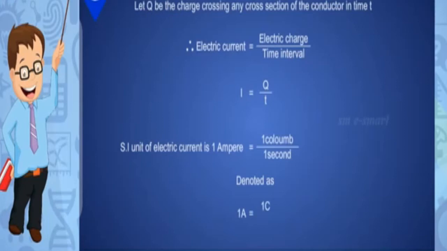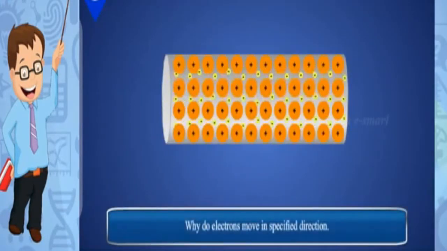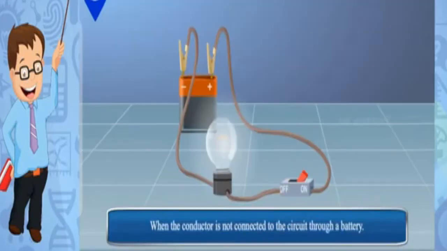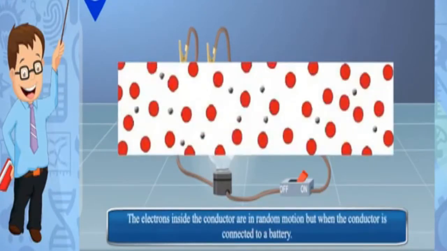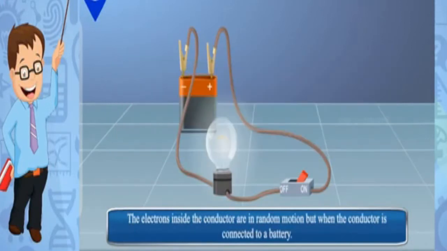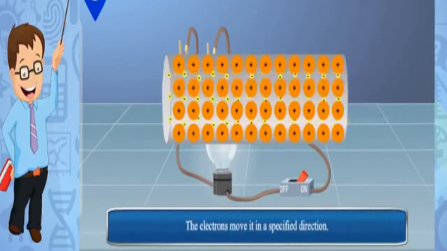Why do electrons move in a specified direction when the conductor is connected to the circuit through a battery? The electrons inside the conductor are in random motion, but when the conductor is connected to a battery, the electrons move in a specified direction.